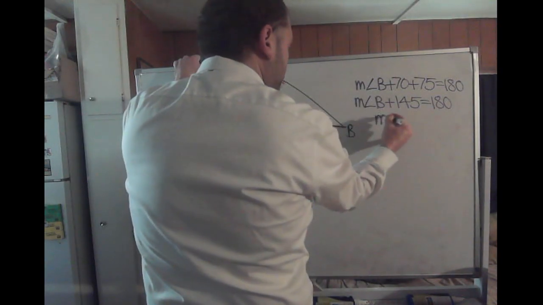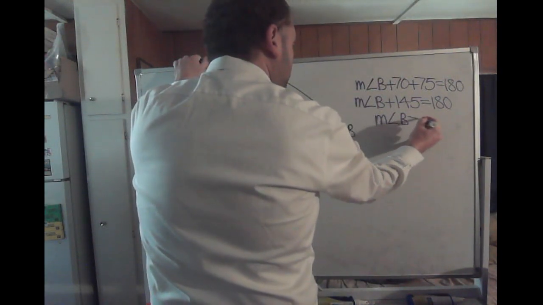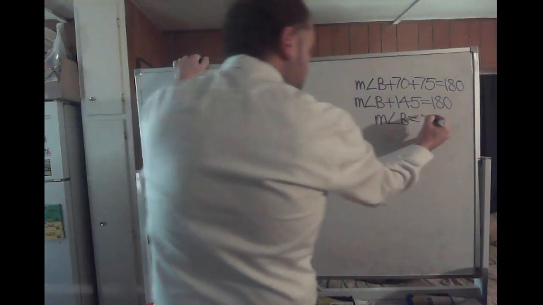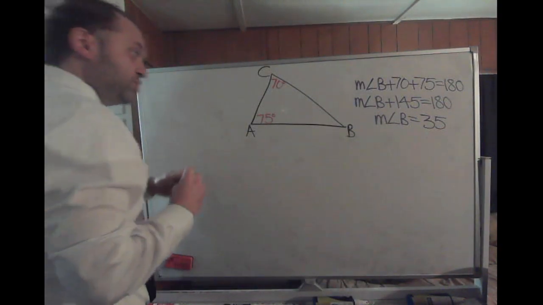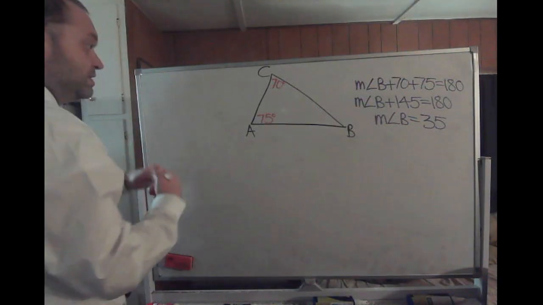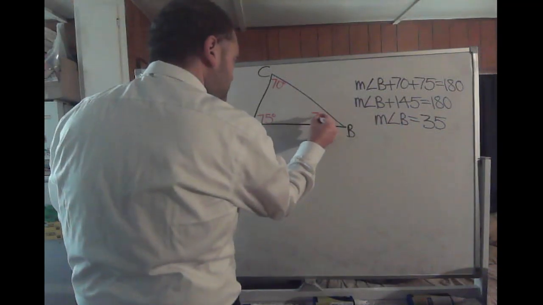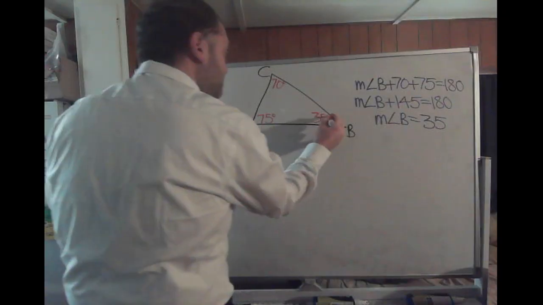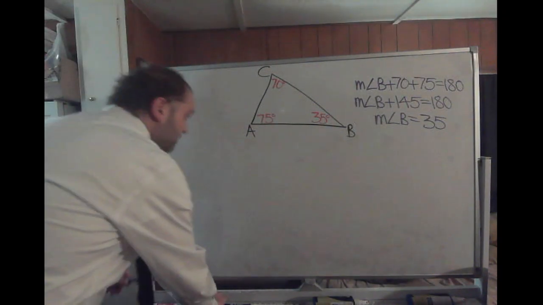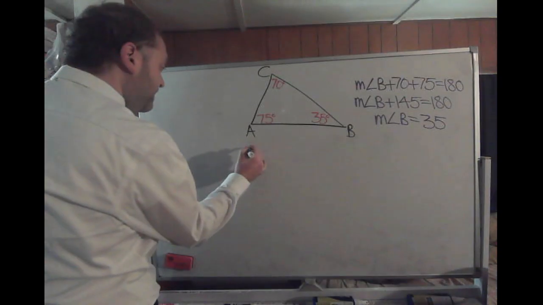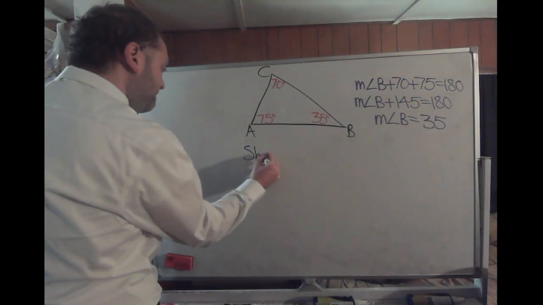Which then would have to mean that the measure of angle B equals what? 35. So angle B is actually equal to 35 degrees. So let's fill that in just so we have that for good measure. Okay. Now what we're tasked with is to start out finding the shortest side.